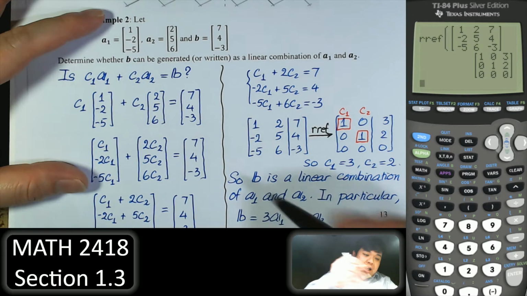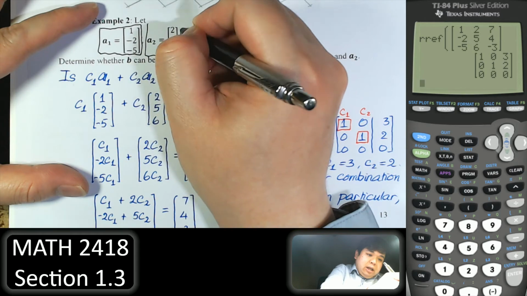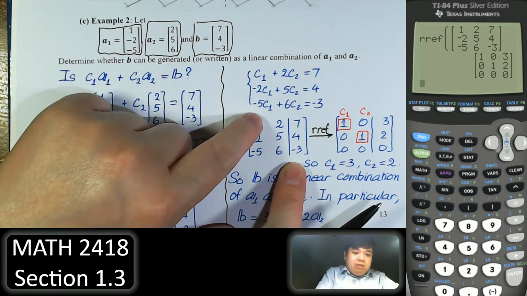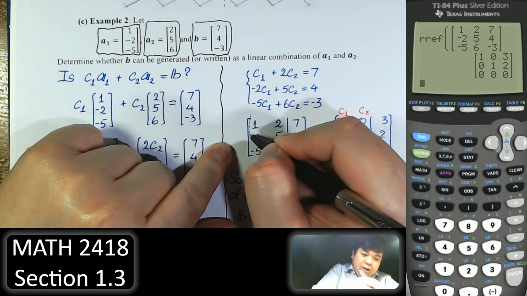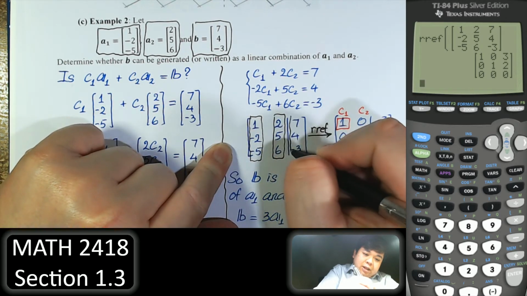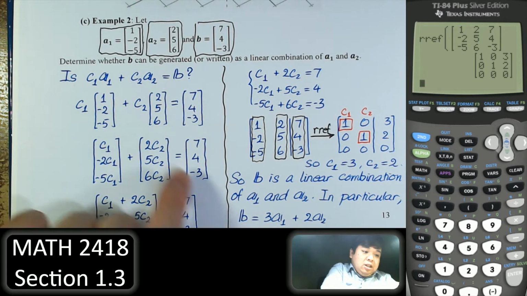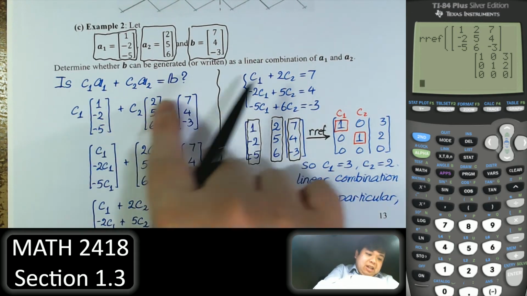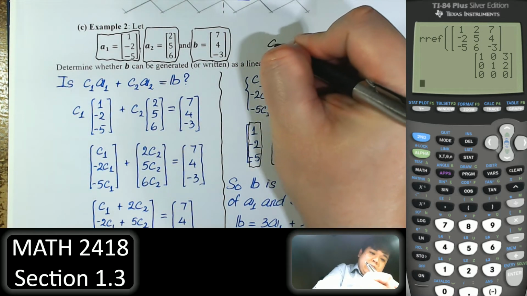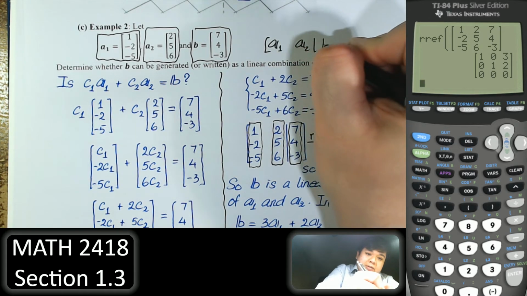If you notice, what we have here is the column vector A1 and the column vector A2 and column vector B. When we put it in the augmented matrix, we just have this as vector A1, this as vector A2, and this as vector B. So essentially, instead of writing this system of equations and every step from here to there, we can just put the vector A1, vector A2, and then vector B in that form.